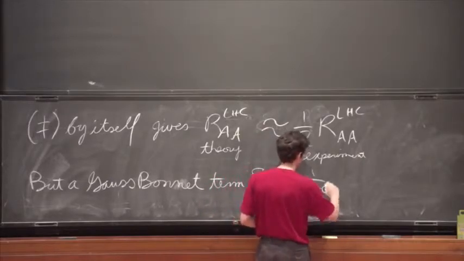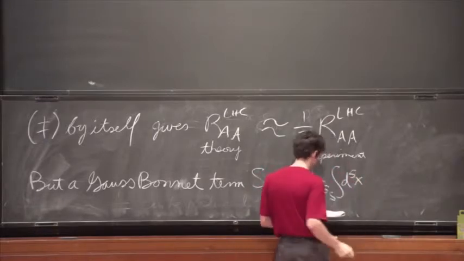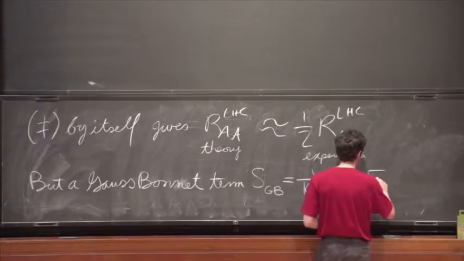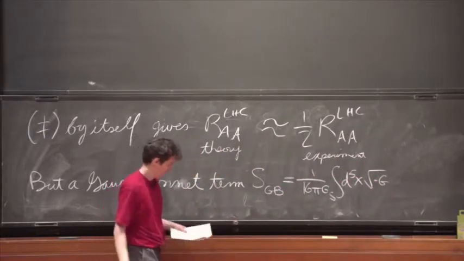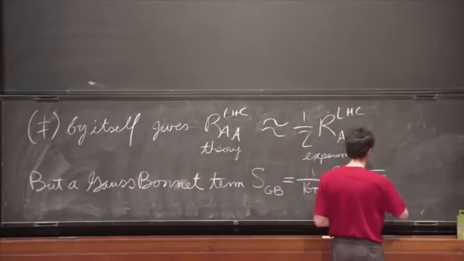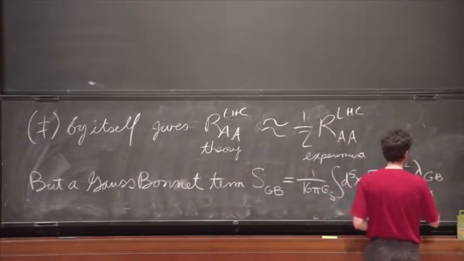When I say everything, what do I mean? Well, first of all, this Gauss-Bonnet term, okay, it looks a little complicated, but its main role for us is that it's going to modify the AdS-Schwarzschild geometry in which the strings propagate.